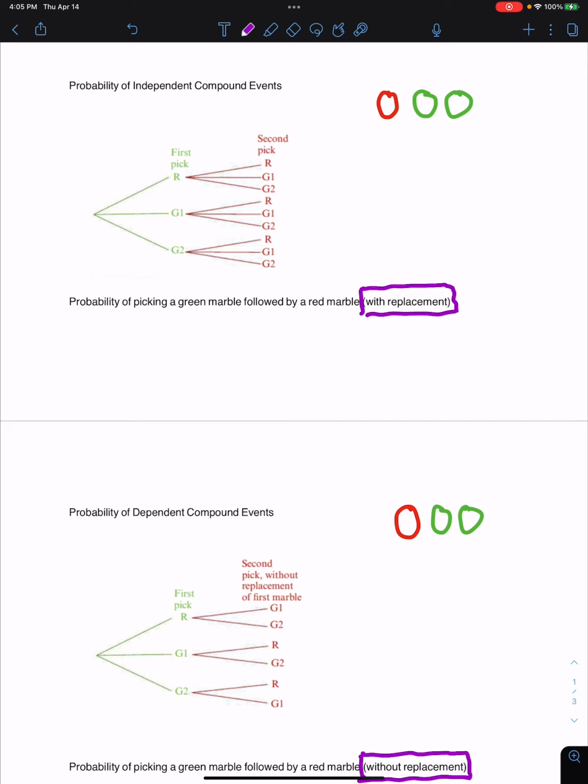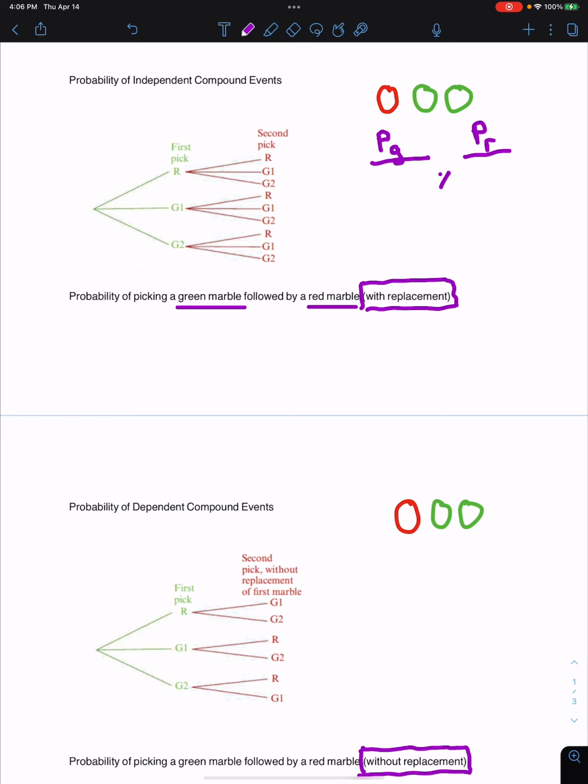So here in our question, we want to know the probability of picking a green marble followed by a red marble. So we're going to figure out the probability of a green marble followed by the probability of a red marble. And we're going to then multiply those two things together to get our total probability.